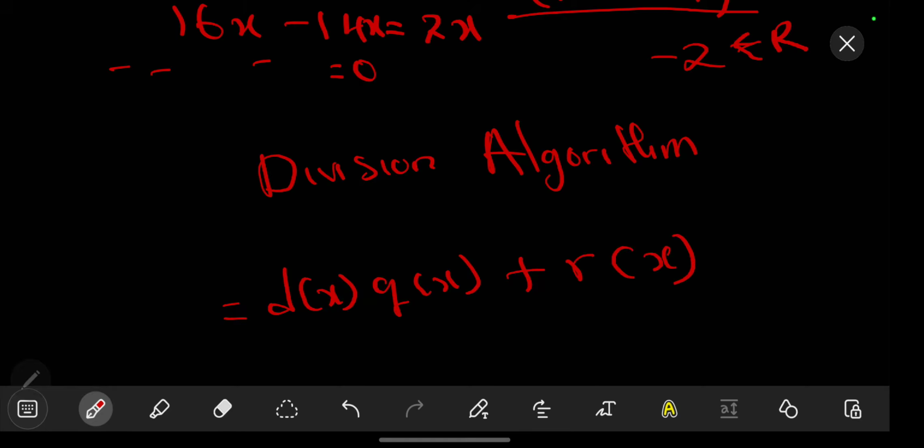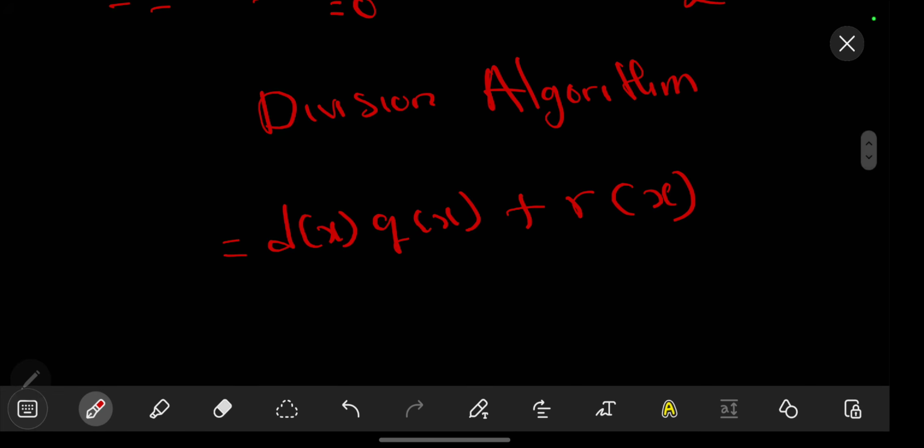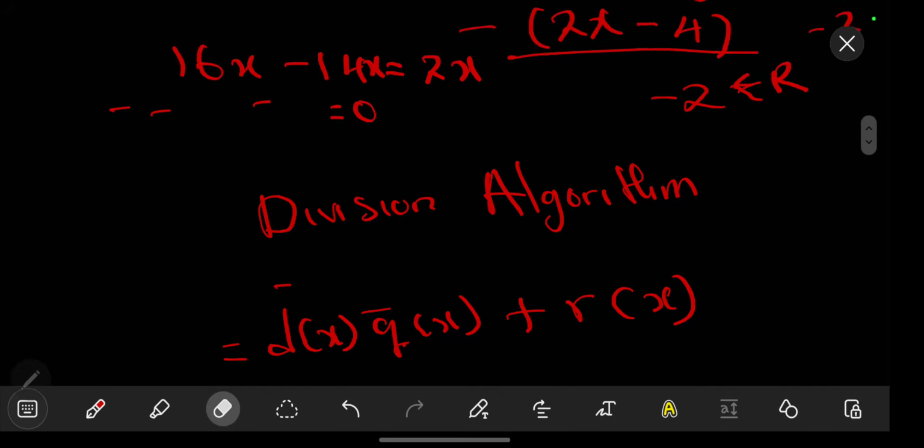Now the way that you can remember this form is you can just look at the alphabet. We have the letters D, Q, and R. You may realize that D comes before Q, which comes before R. So the first two letters that come first, you combine them. So we have our D and our Q come first. Then R is far off on the alphabet. Then you just add the R. So this is the division algorithm form.